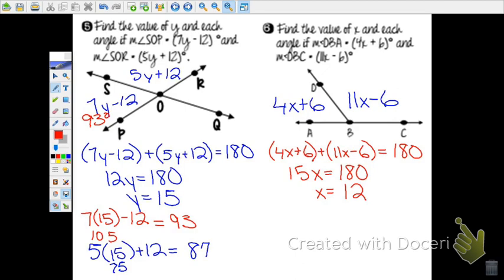And then again, I need to find my two angle measures. 4 times 12 plus 6. 4 times 12 is 48. Plus 6 is 54.